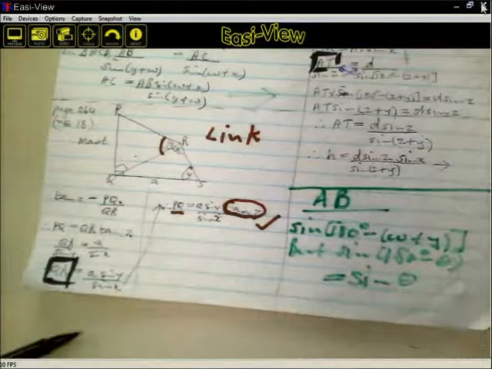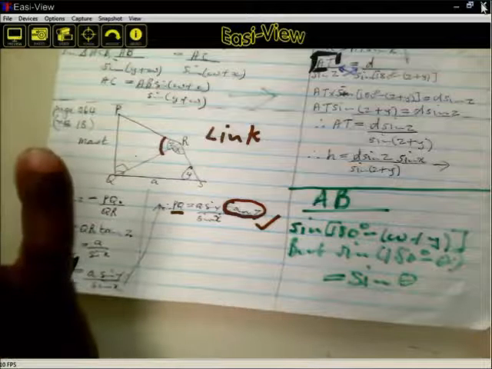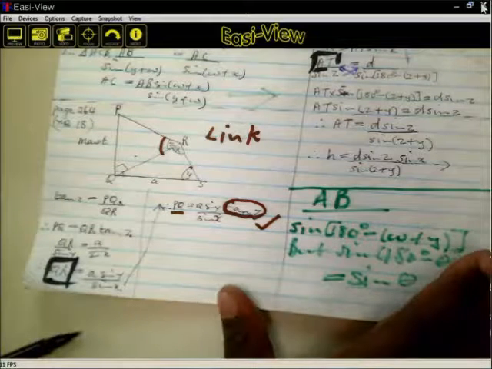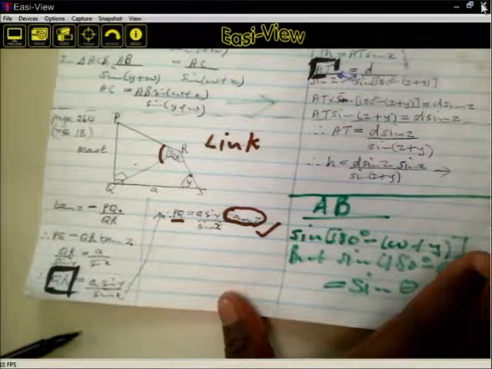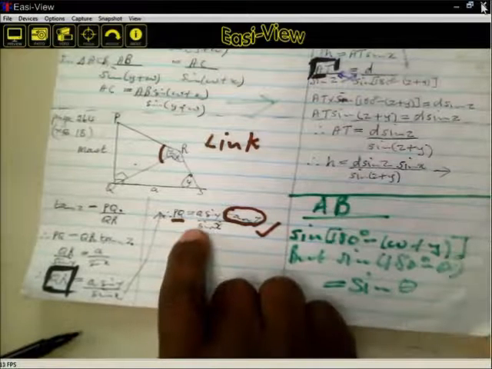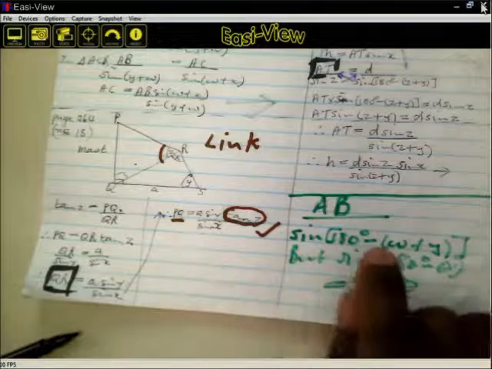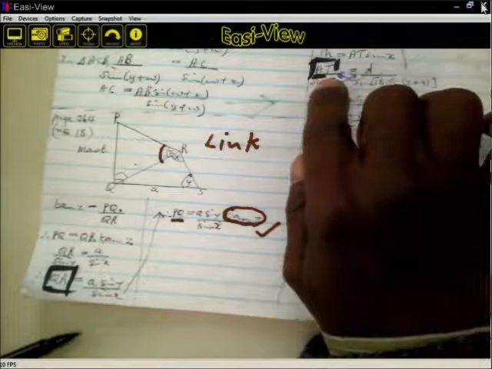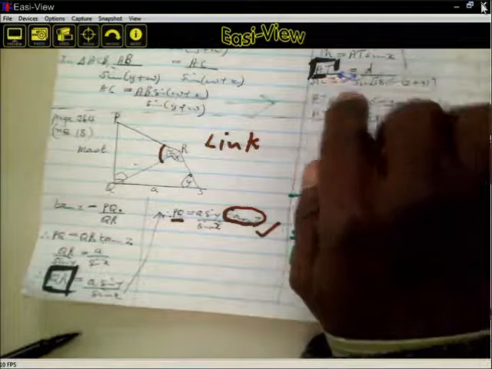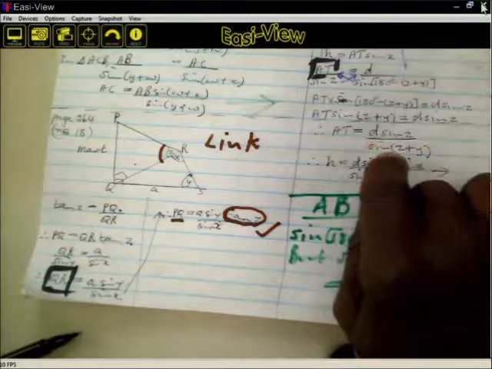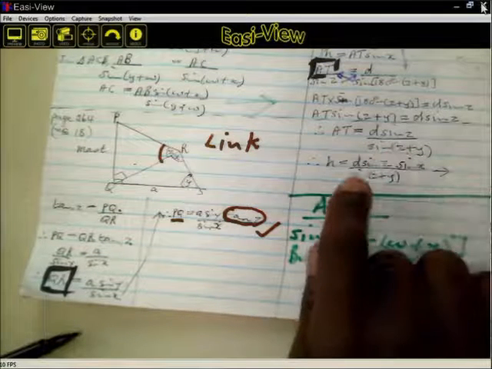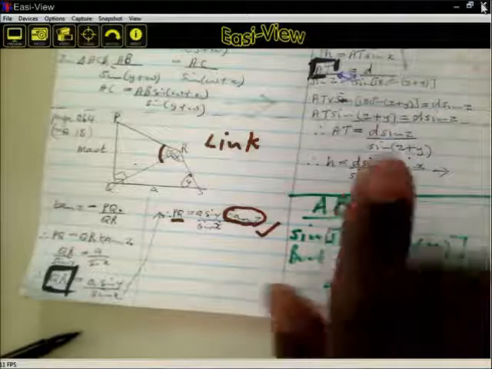You will notice that they came into the picture somehow and we had to eliminate them. Why? Because if you look here, they are not part of what we are looking for. Similarly, AT came into the picture here, but we had to eliminate it because it is not part of what we are looking for. How did we manage that?